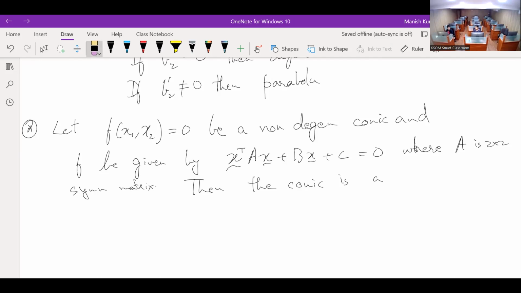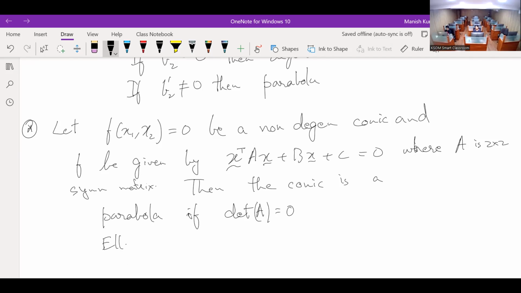It is a parabola if one of the eigenvalues, or let's say the determinant of A, is 0. This tells you that one of the eigenvalues must be 0. Or A is singular is one way we could have said.